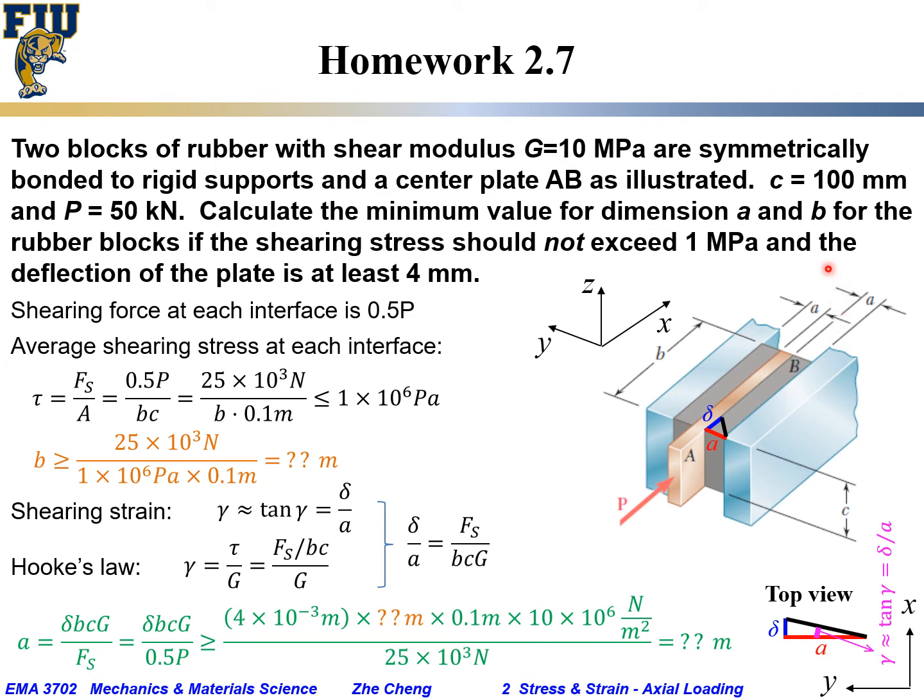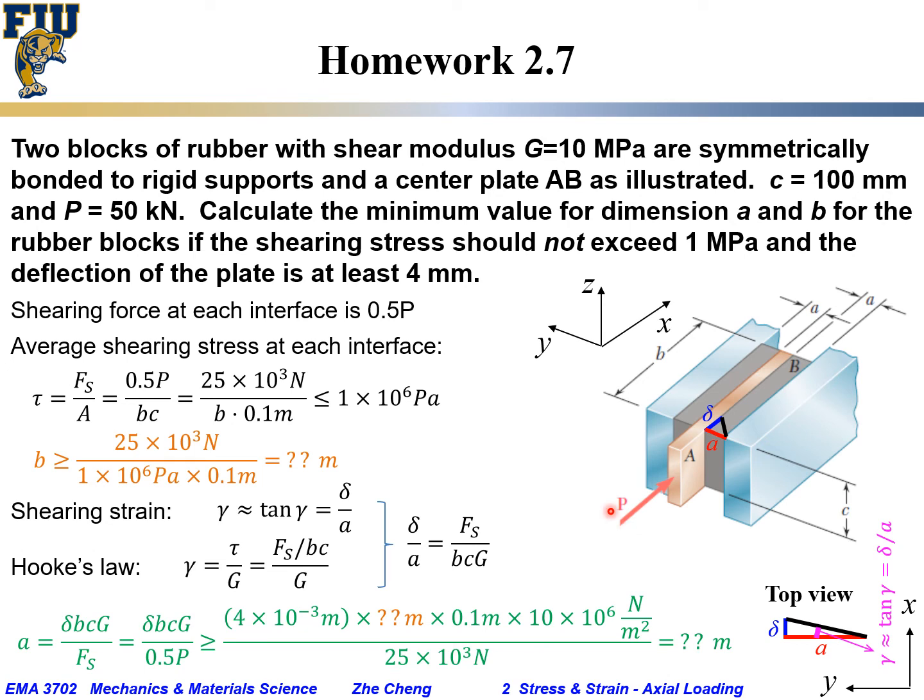So we have some dimension information, C, which is, if you see the width from here to here, the C dimension is 100 millimeter. And we also know the load P applied is 50 kilonewton.